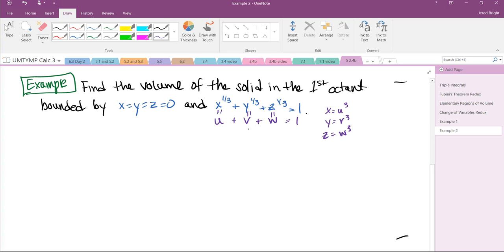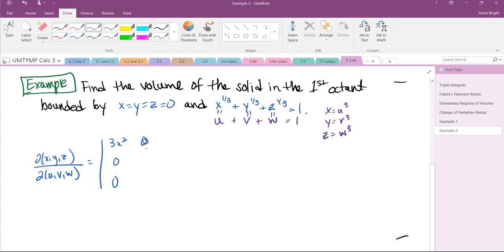If I use the change of coordinates, I need to find the Jacobian associated to it. So let's find the Jacobian. We have the partial of x, y, z with respect to u, v, w. Now I go through and differentiate everything with respect to u. I get 3u squared, 0, 0. That's not too bad.